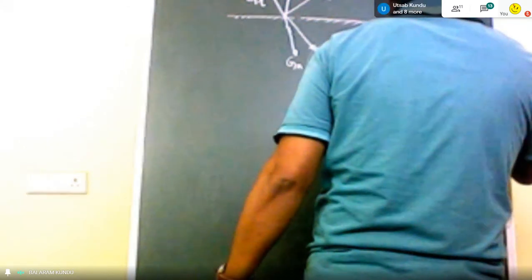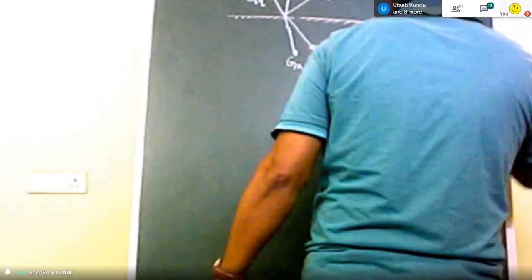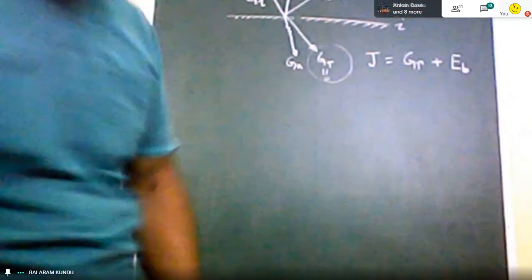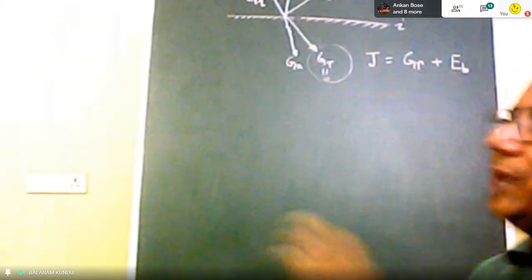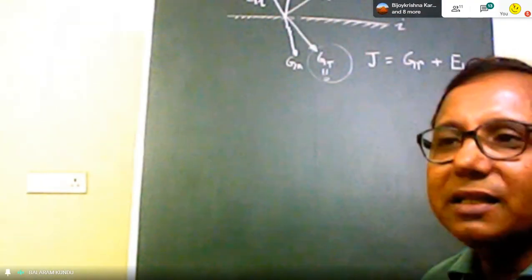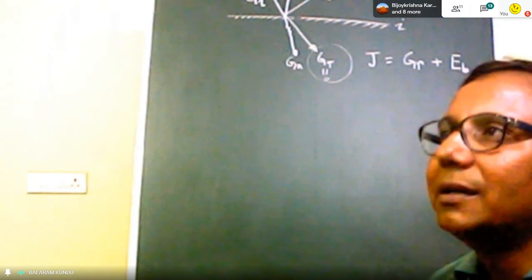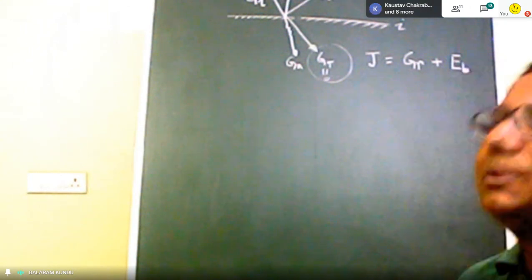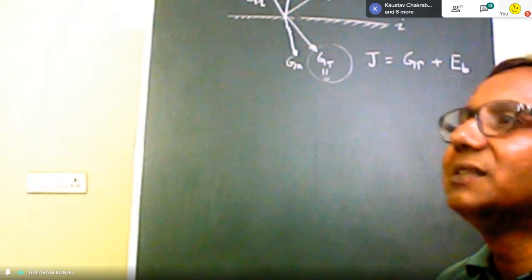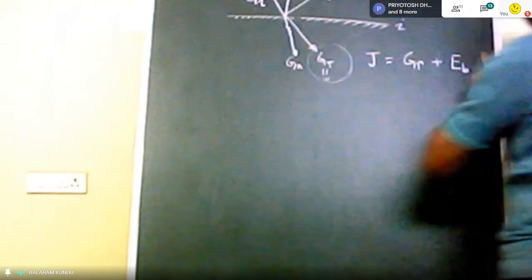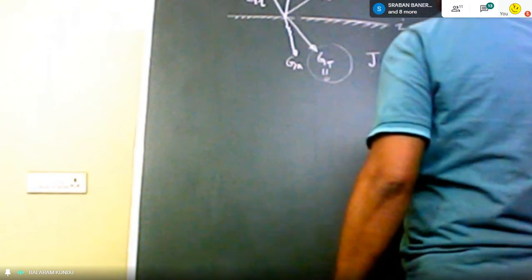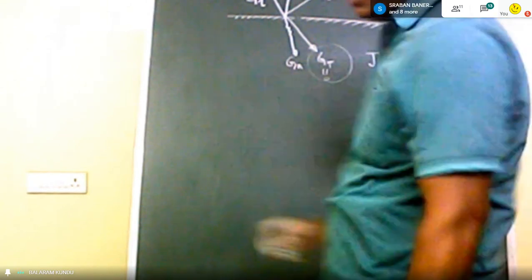EB is the emissive power of a black body, and if we multiply by emissivity, it will be the emissive power of a real body, meaning the energy emitted from a real surface. So that should be EB into epsilon I, because surface I has been considered.